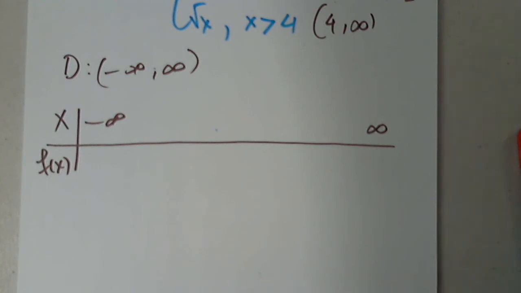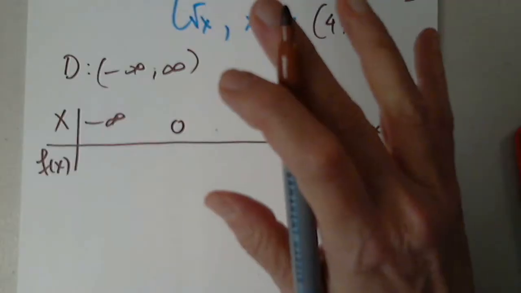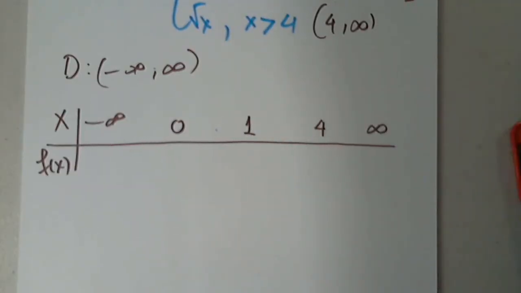The key values are definitely 0. 0 is always a key value, but 1 and 4. I will copy the appropriate symbols underneath.